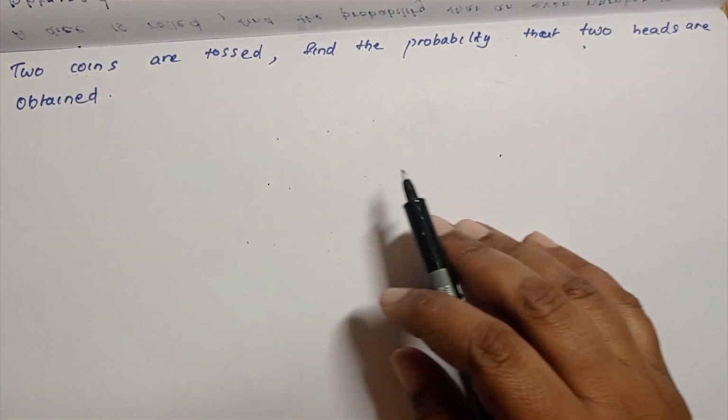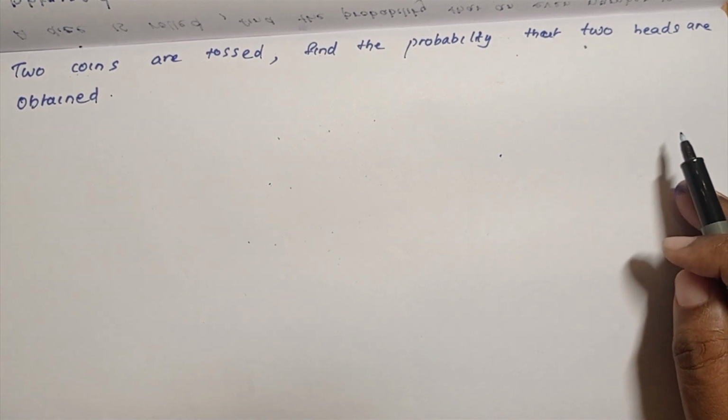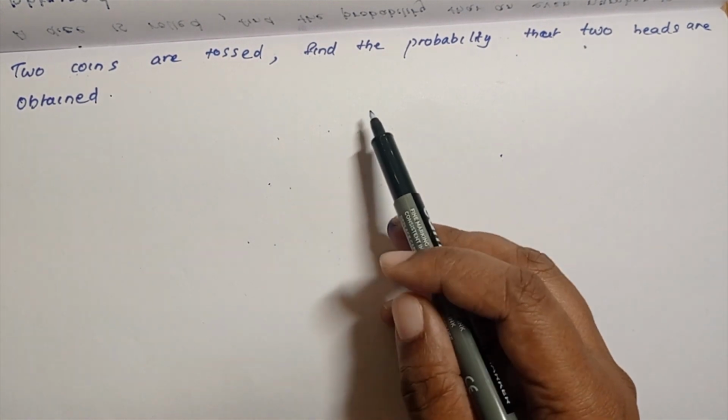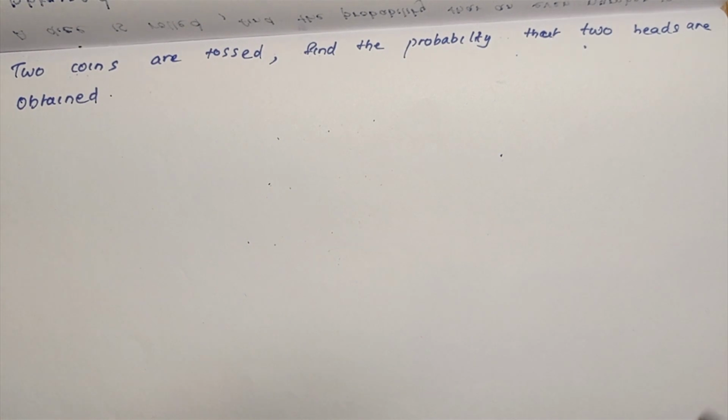See, previously we had said that a coin is tossed 3 times and at least one of them should be heads. Now here two coins are tossed and we find the probability that two heads are obtained. So for that, first we have to find the total number of sample space.